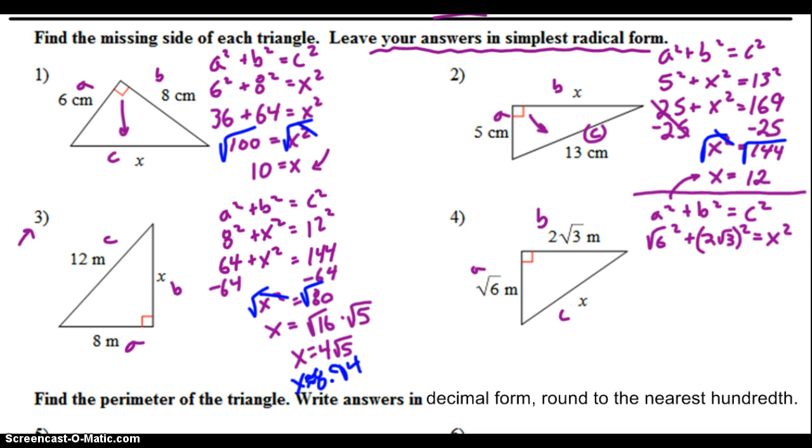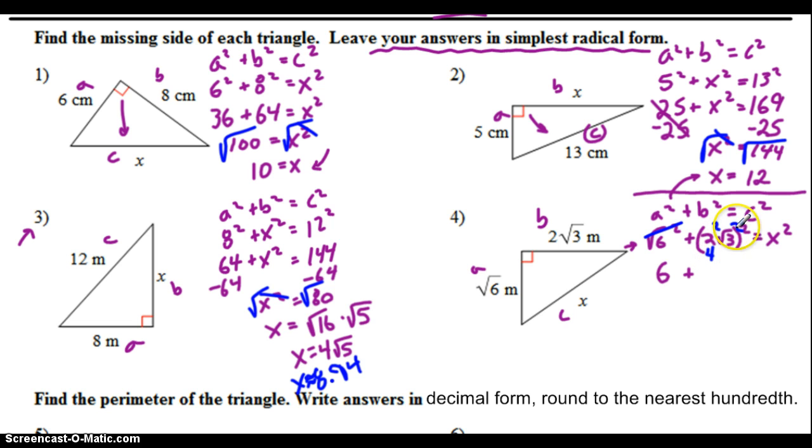Now, you might remember from a previous video that when we square a square root, they cancel each other out. They're inverse operations. So the square root of 6 squared, the square root and the square cancel each other out, and we're left with just 6. What about 2 square root 3 squared? When we square this whole number, both the 2 and the square root of 3 get that square. 2 squared is 4.